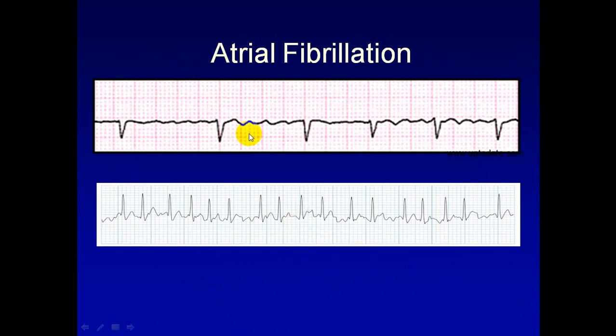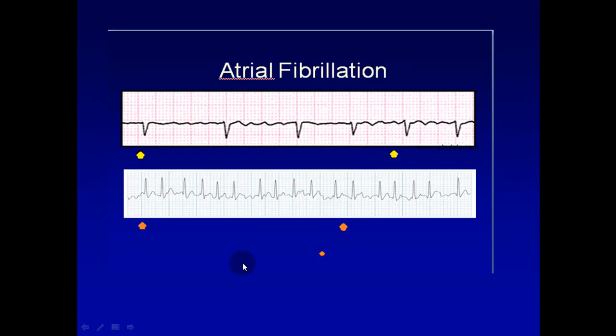Again, look at the coarse baseline, different from the previous, and this one is slow. If we count 15 squares, it is found to be less than 100. In this one, counting 15 squares, it is about 130 beats per minute and above. There is no P wave, and we can't measure the PR interval. In both of them there is a normal QRS complex, so it is called atrial fibrillation.